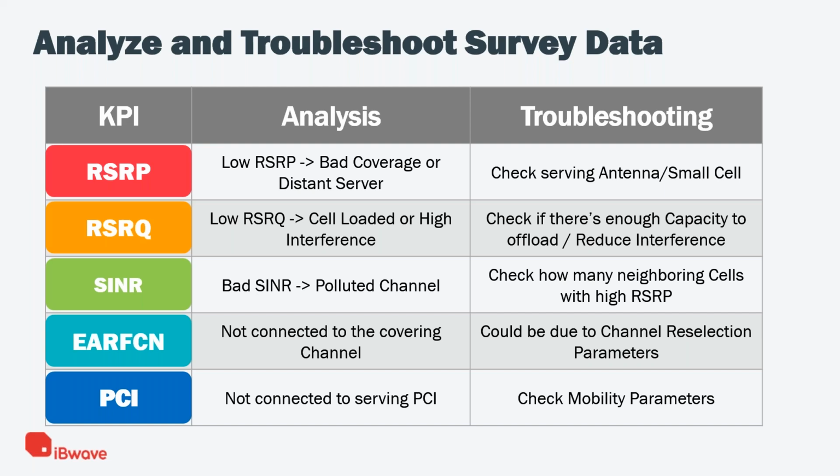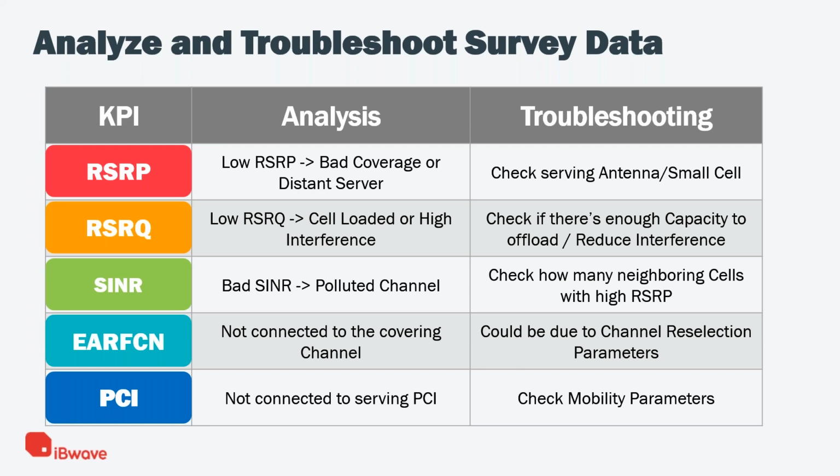So you design for channel X, and then you're seeing you're connected to channel Y. This could be due to everything we talked about above: a problem with the coverage, cell already loaded, bad signal, so you move to another cell, and this other cell is not on another PCI, it's on another channel.